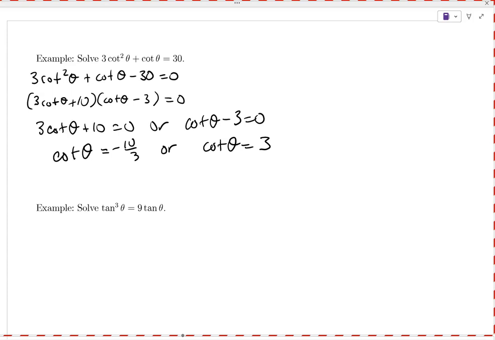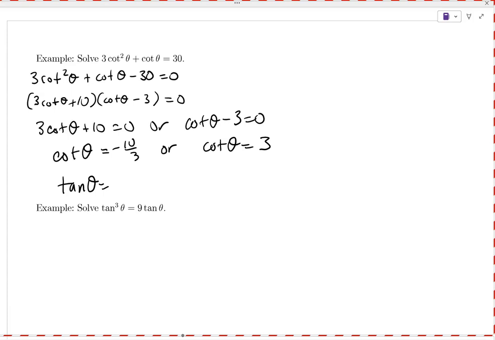Does your calculator have a cotangent button on it? No. Okay, probably not. Some of them, if your calculator is fancy enough, you might be able to find an inverse cotangent button on it. But generally speaking, you've probably got an inverse sine, an inverse cosine, or an inverse tangent, right? So let's convert these to statements about tangents so that you can use your calculator.